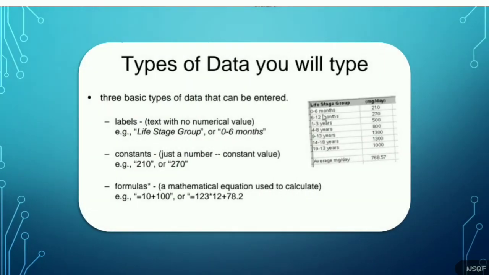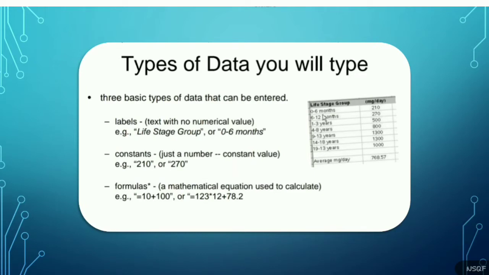Another thing is the type of data you will type. There are three basic types of data you can enter, like I have told you: labels, constants, and formulas. In labels you can only add text, whatever text you put inside it.